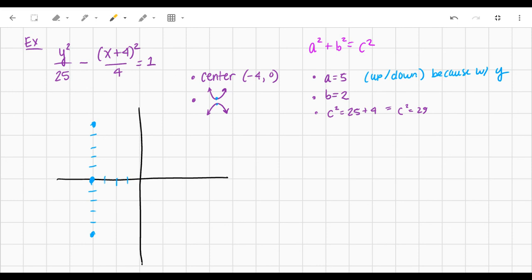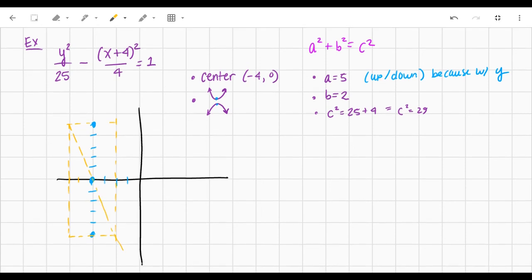And what we're going to do there then is we can draw in our box. Right 2, left 2, because under the x is the 4. Up 5, down 5, because under the y is the 25. And that's all from the center. So when you draw in those boxes, then we can get our asymptotes. So connect the corners.